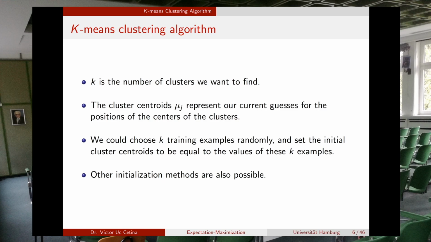Of course, this is not true, but this is a way to give an initial value to these centroids. And as the algorithm keeps assigning centroids and updating the means, the algorithm will discover the correct centroids of these points. But as it says here, there are other ways to initialize the k-means algorithm.